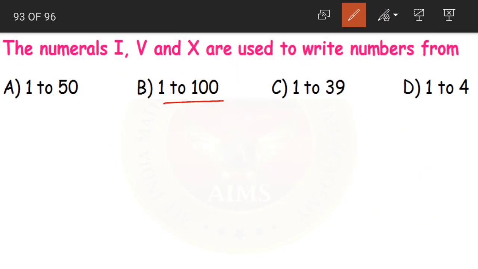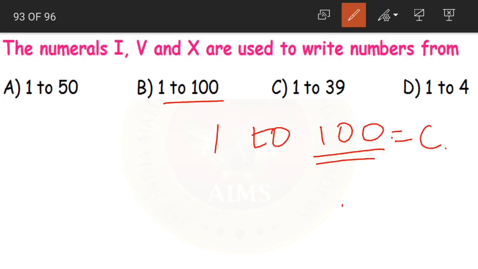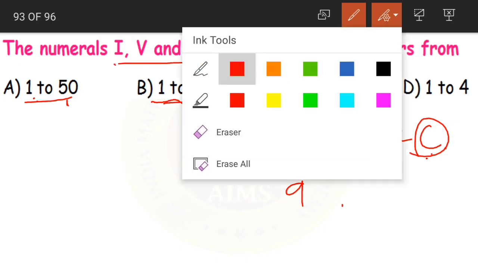Clear? Coming to option B, 1 to 100. Now we know that C is equal to 100. So here the Roman numeral C is also used. See children, when we cannot write 1 to 50, can we write 1 to 100 using only IVX?